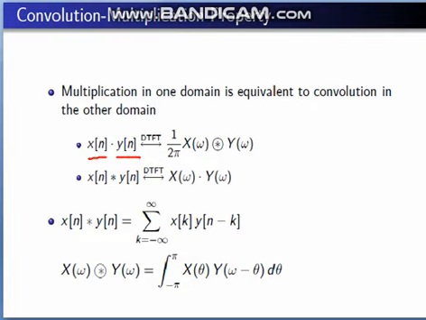In the slide, x of n is one signal and y of n is the other signal. If we convolve two signals in the time domain, it becomes a linear multiplication in the frequency domain. Similarly, if we convolve two signals in the frequency domain, it corresponds to linear multiplication in the time domain, with only the difference of a factor of 1 upon 2 pi.